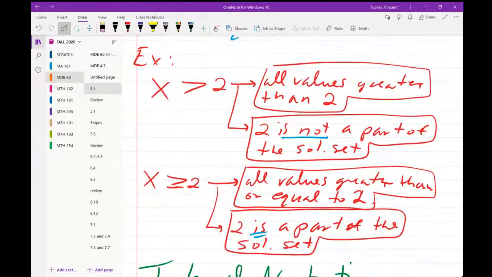So here we're just comparing the difference between having your regular inequality and or equal to.